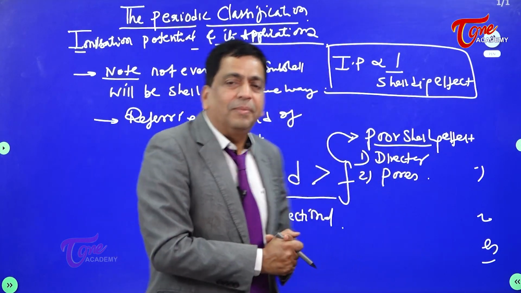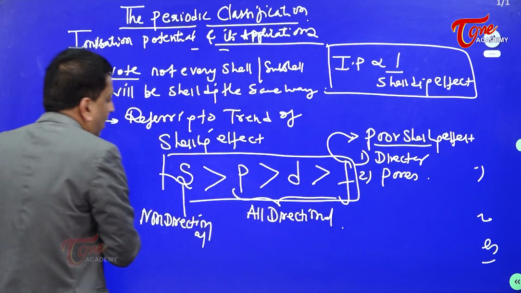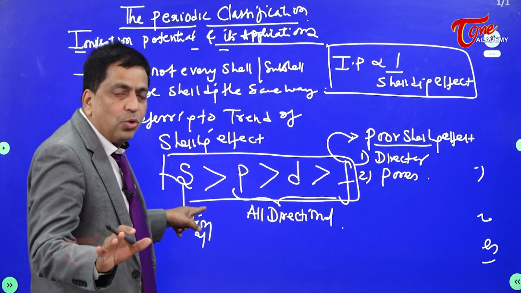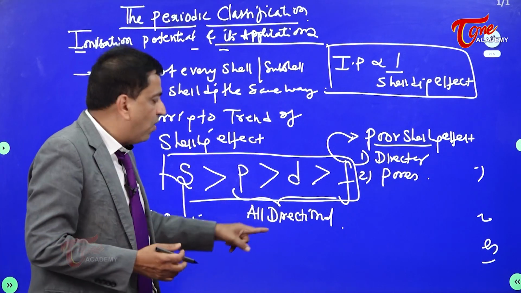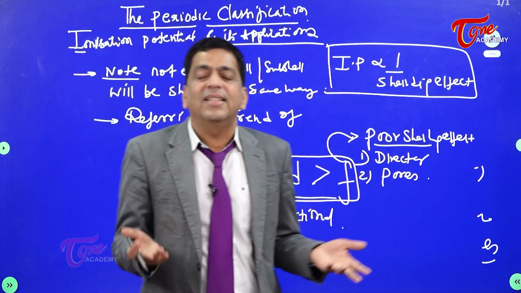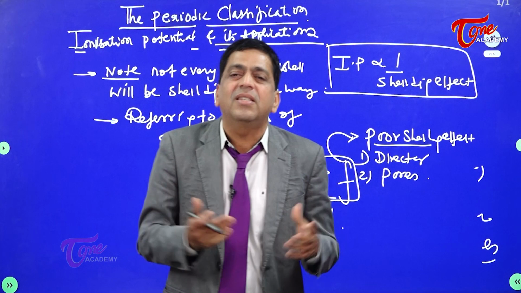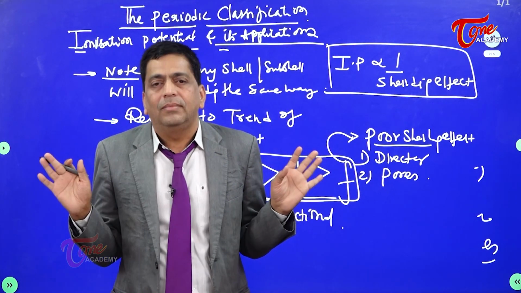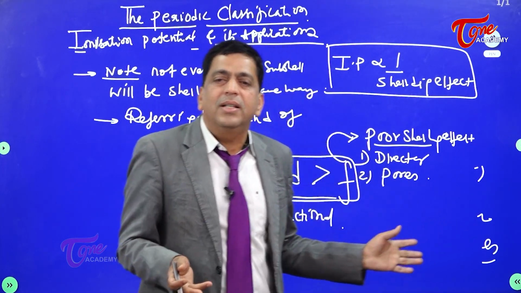So basically this is the trend, and I have given the reasoning. S is non-directional, so you cover well, not only in a particular direction. P, d and f are all directional, and f has another problem: it has a very peculiar shape. I call it peculiar because no one knows the shape of the f orbital till date. We say that it has holes.